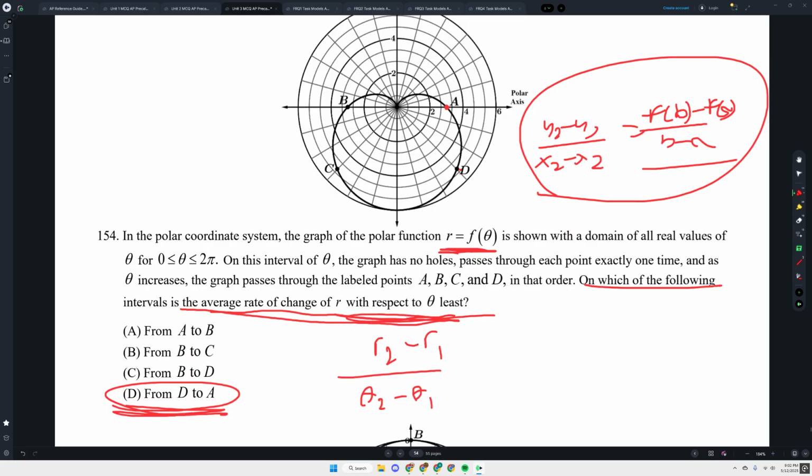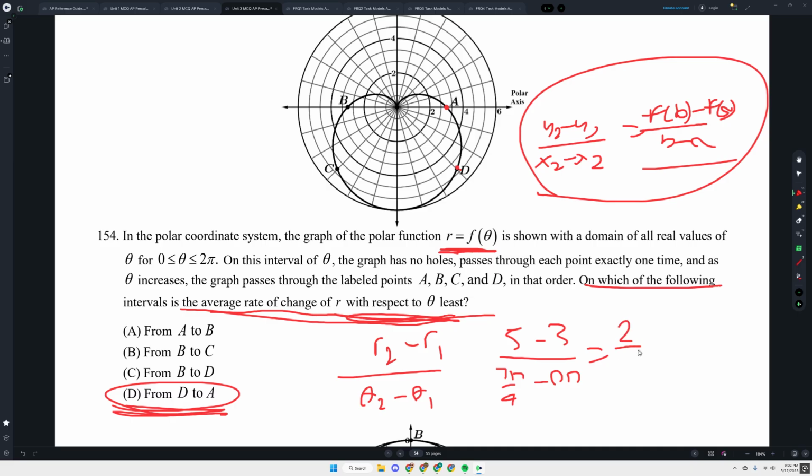So what was the question? Can you plug one in? Sure. We'll test D to A. D is at like 5-ish, so the radius is 5, and A is at like 3, and theta would be around 7 pi over 4, and this would be at 0 pi.